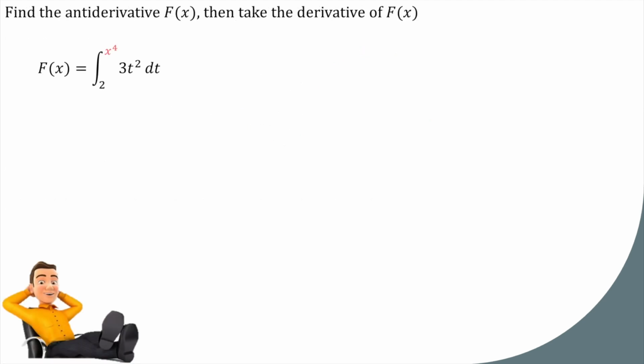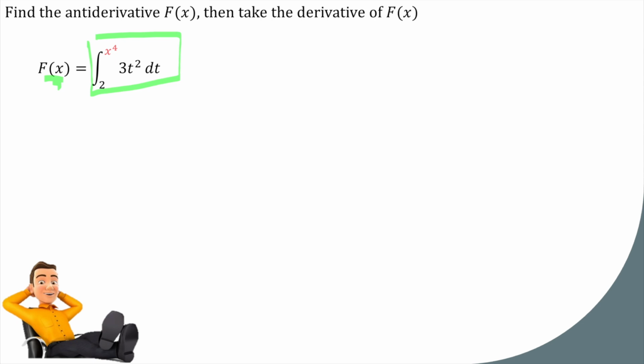Here's Jim, and remember, Jim means that you need to just put your pencil down, stop taking notes, but really pay attention and watch so you can just get the overview of what's happening. Find the antiderivative, f of x, then take its derivative and see what happens, okay? So we're going to take the antiderivative of 3t squared from 2 to x to the 4th.